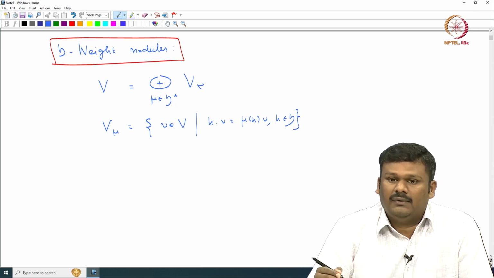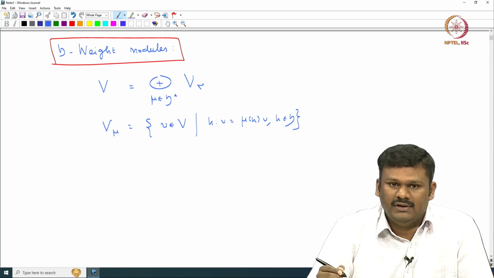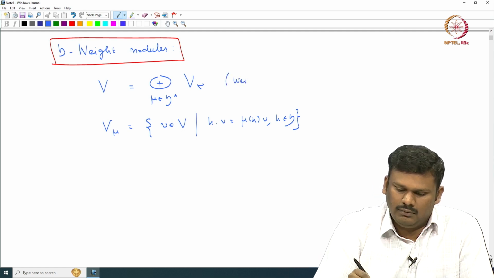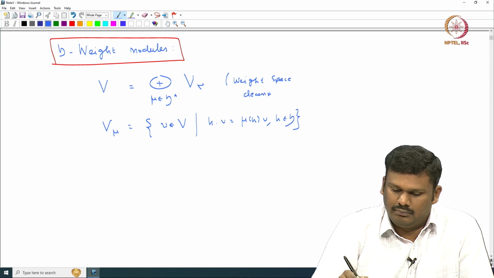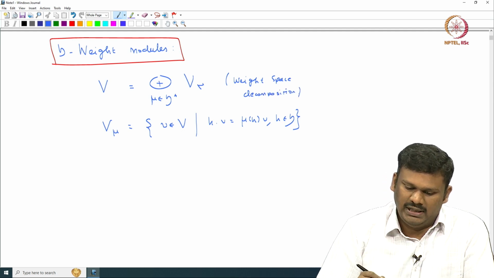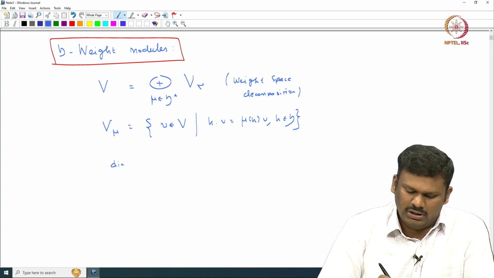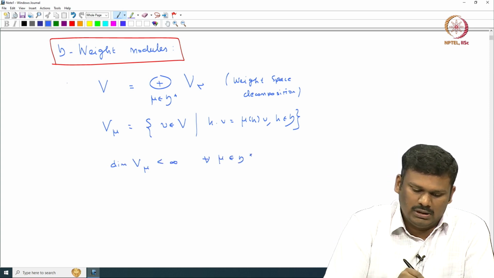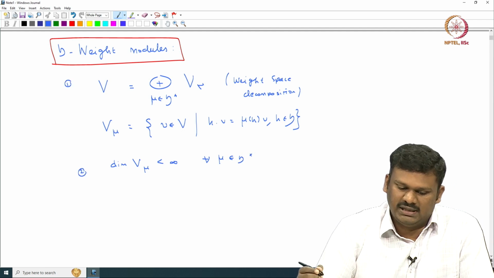So, if we have this weight space decomposition, then we call this an H weight module. To talk about characters, we also demand the dimension of V mu to be finite for all mu in H star. Okay. So, these are the two properties that should be satisfied.